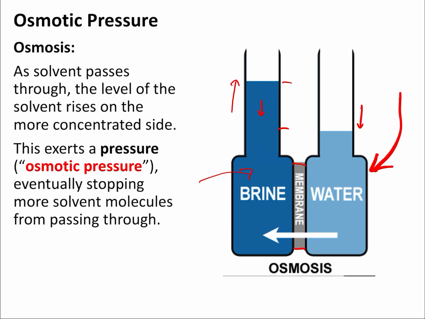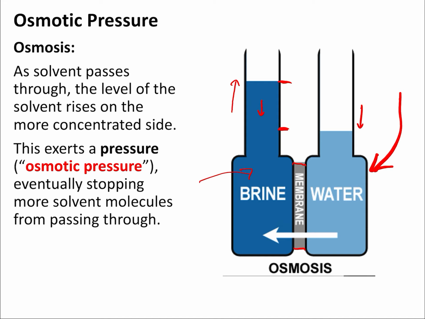So osmosis will continue up to a point where this column generates a certain amount of pressure that will eventually stop osmosis from taking place. Whatever that pressure is, we call osmotic pressure. That's the pressure required to stop osmosis.